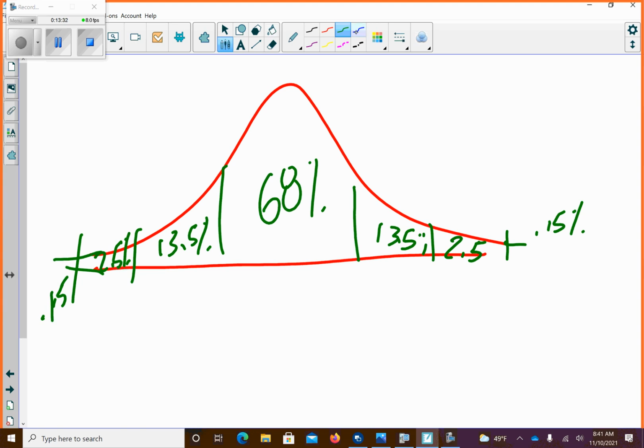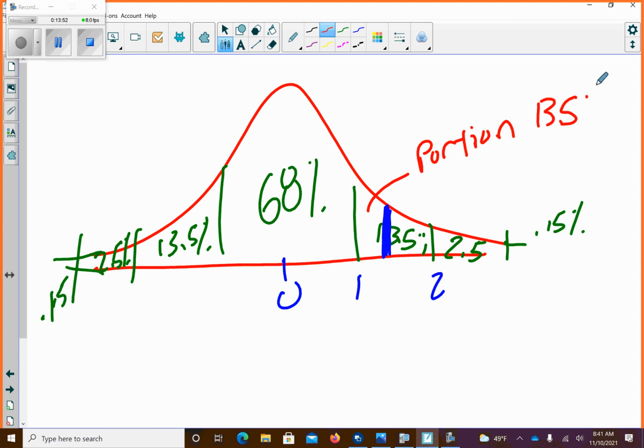So does it seem reasonable that if we had that z-score on here where we had 0, 1, 2, and we were talking about 1.43, you're talking about this region right here. So that region here is a portion of the 13.5%.